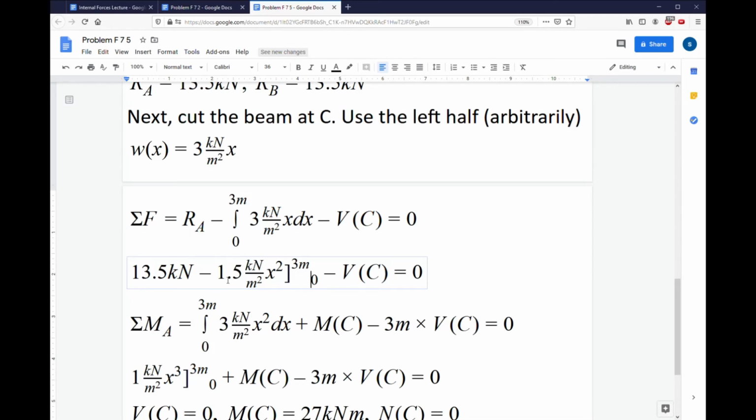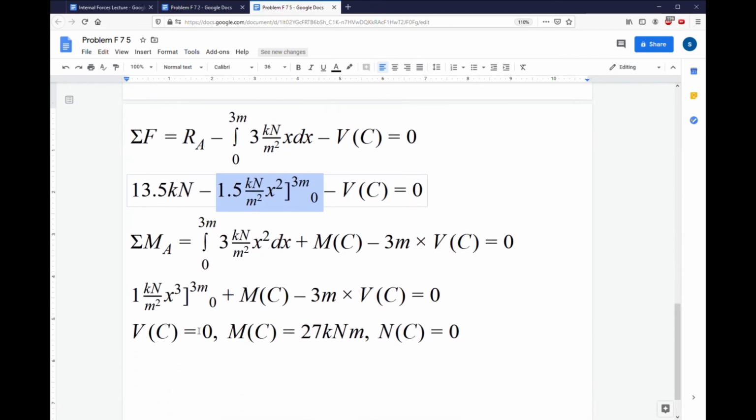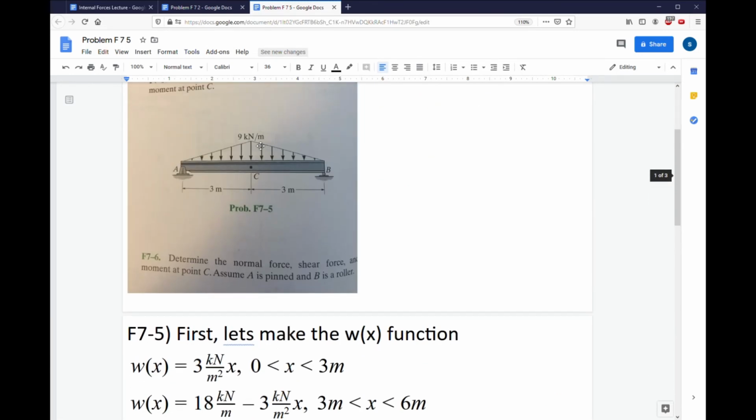Plug in 0, 1.5 times 0 squared is 0. So this evaluation of the integral right here is 13.5 kilonewtons, which means easily V of C is 0. The internal shear at this point is 0.